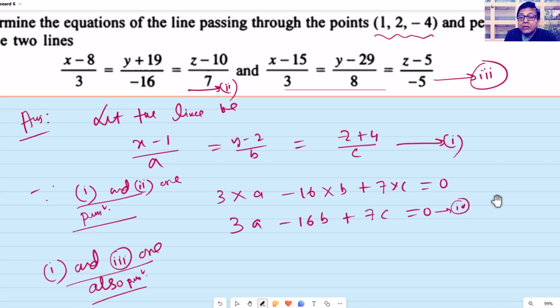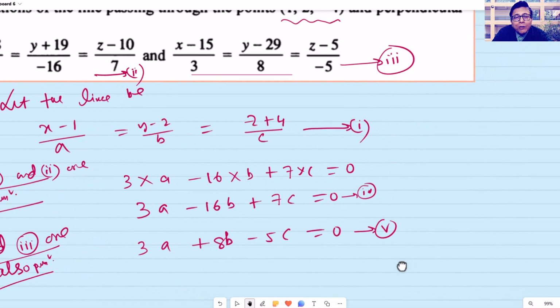So what condition do you get there? It will be 3A plus 8B minus 5C equals 0. Two lines are perpendicular. Given this line, the first one is perpendicular to this as well as this. Now the problem is to solve the values of A, B, C.